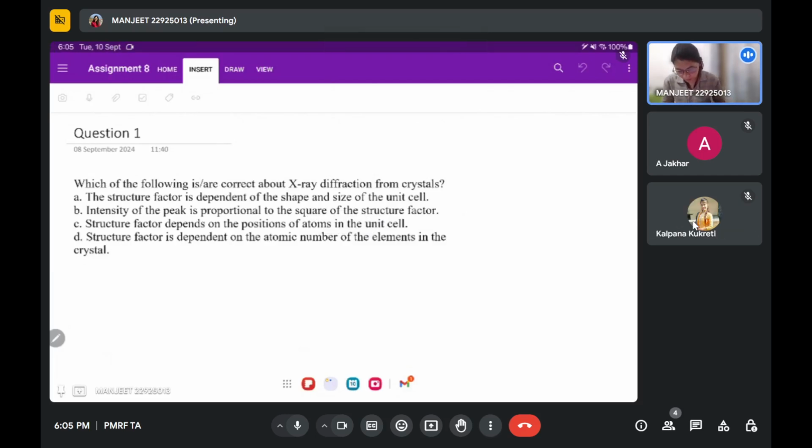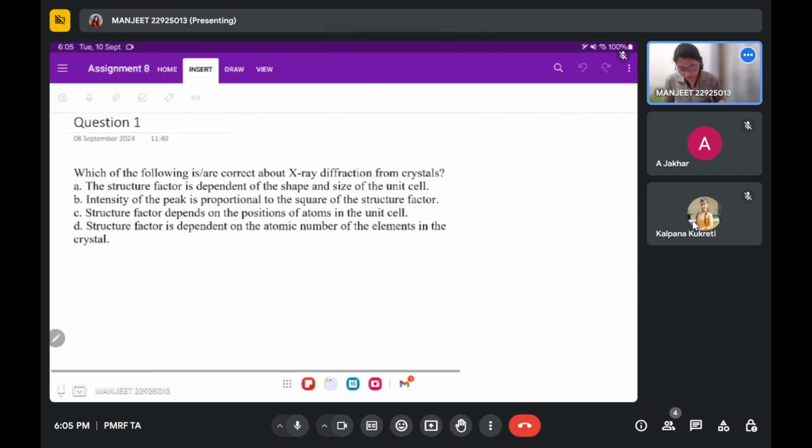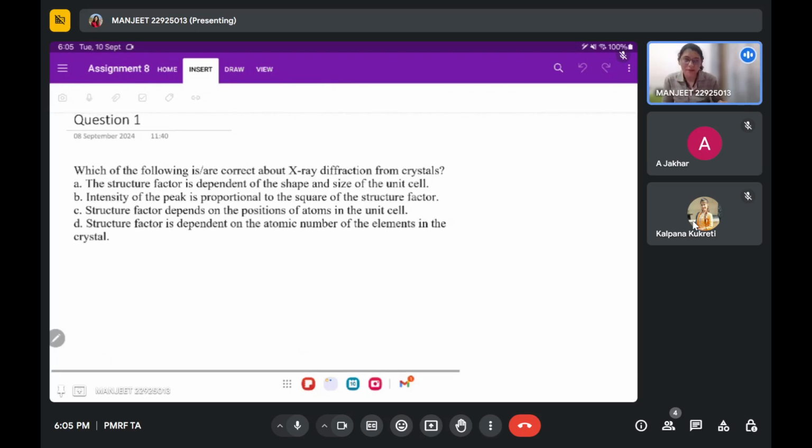Question number 1 asks which of the following is or are correct about X-ray diffraction from the crystal. You know how diffraction happens when X-rays are incident on the crystal and form an interference pattern.